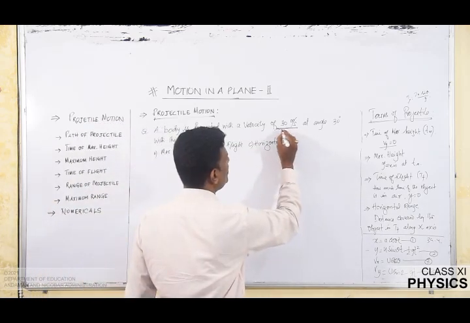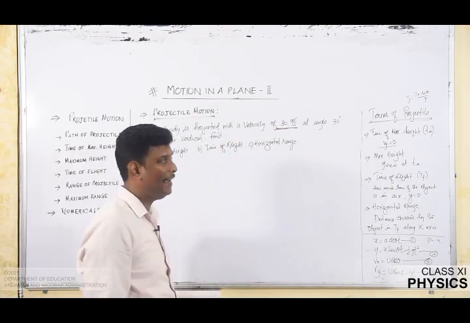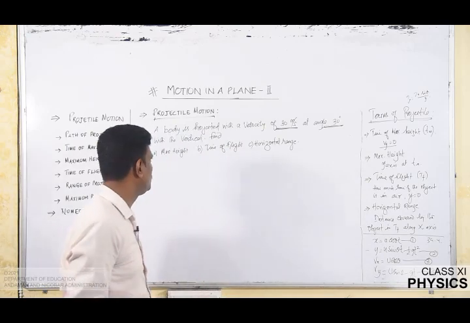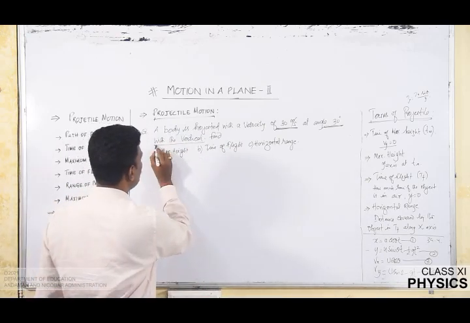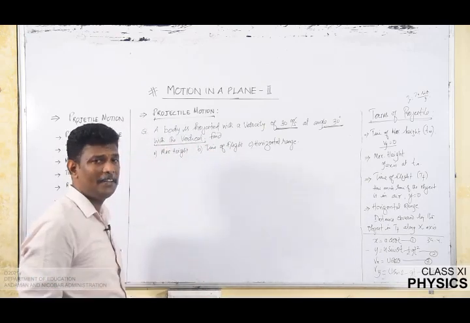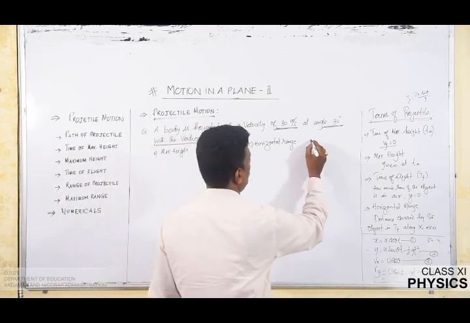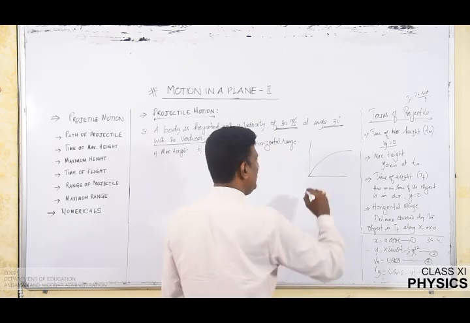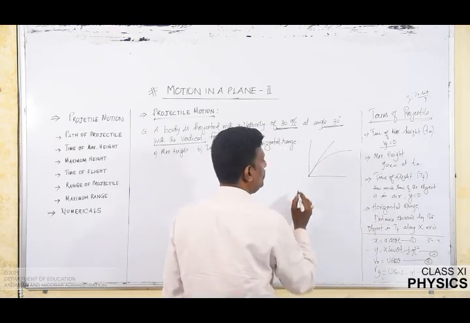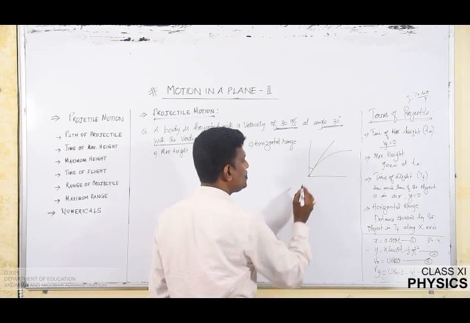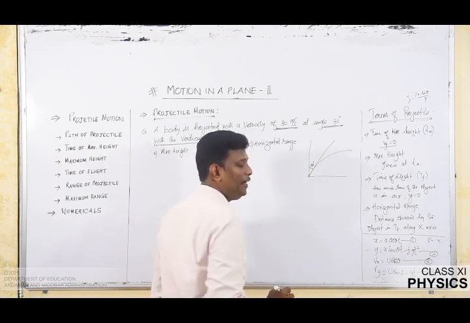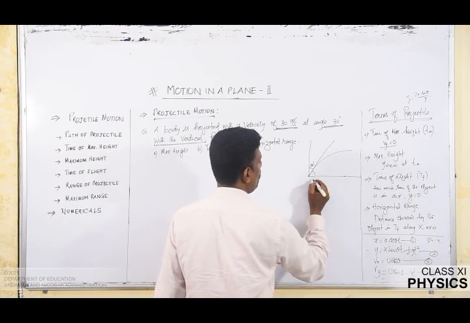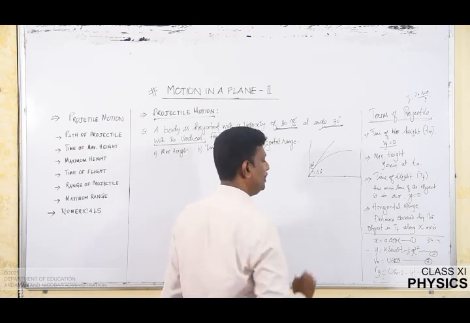So, initial velocity is given at an angle 30 degree, but with the vertical. If we draw the diagram, this is the projectile and it is vertical to this, that is 30 degree, but we need to have the angle with respect to x axis. So, obviously this will be 60 degree.